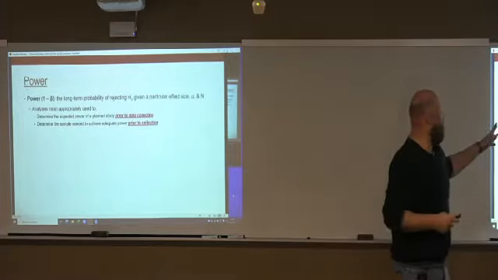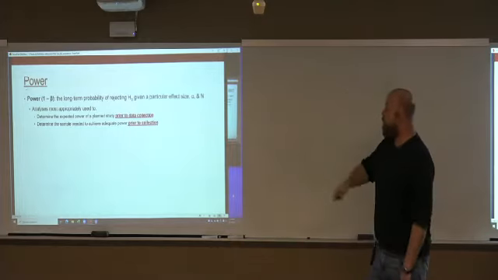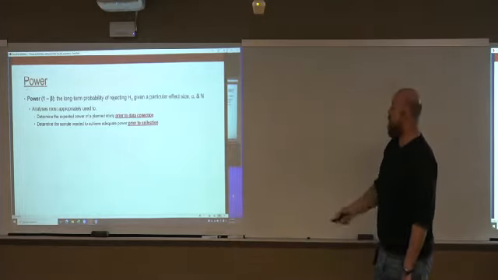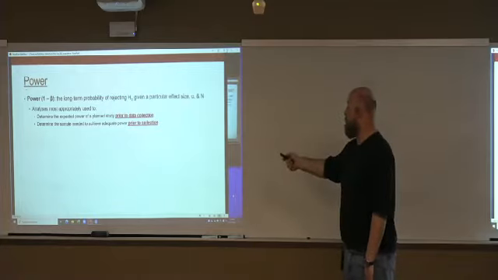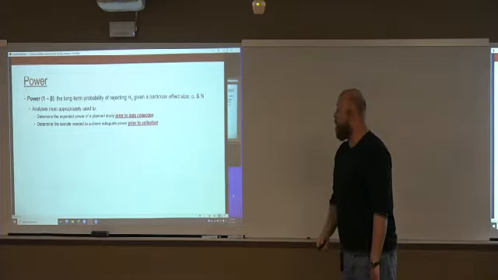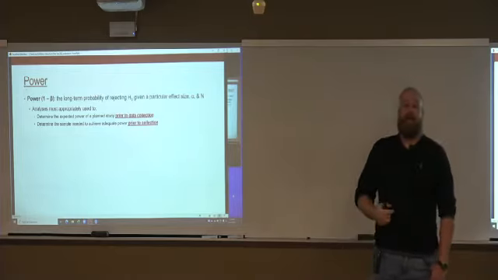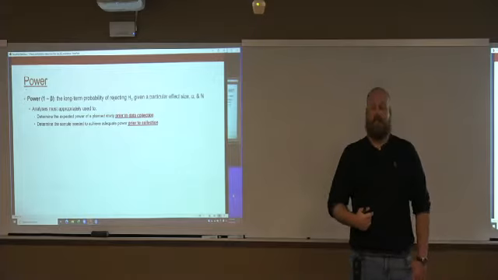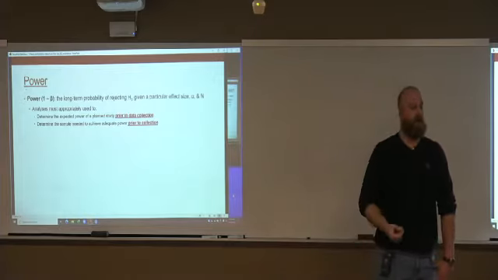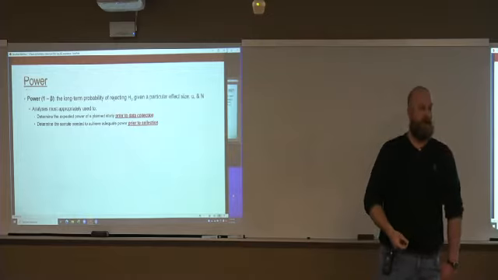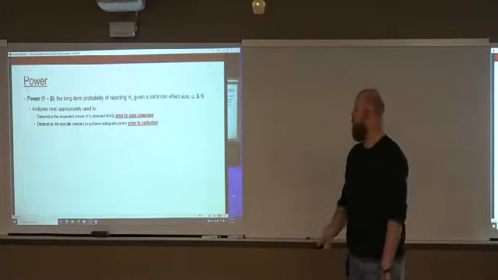Okay, back to power. Think about power as very literally the long-term predictive probability of rejecting the null given a particular effect size, alpha level, and sample size. Power is saying if I were to replicate this study over and over and over again, what proportion of those studies would reject the null hypothesis if the null hypothesis is false, right?